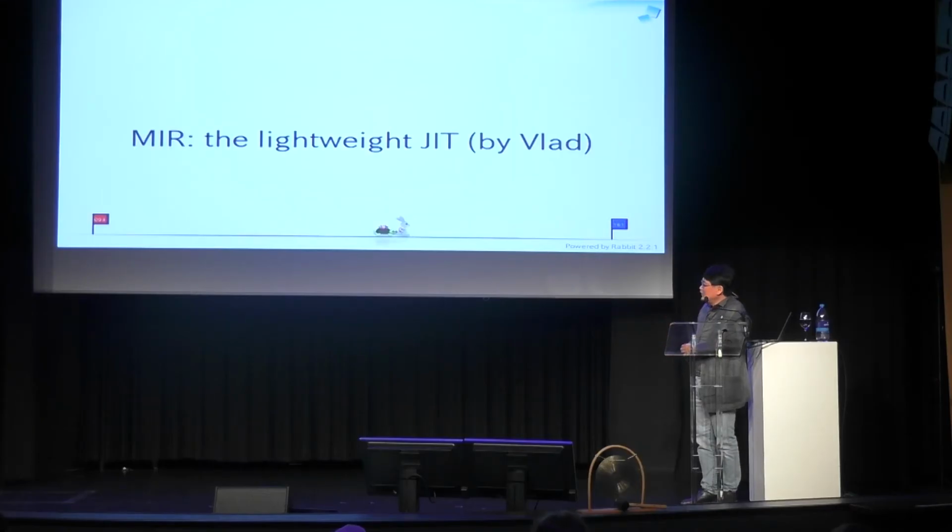That is a heavy process. But with MIR, you can generate unoptimized native code into memory without invoking any compiler. So this kind of internal JIT compiler runs much lighter and faster. The compilation time is faster.